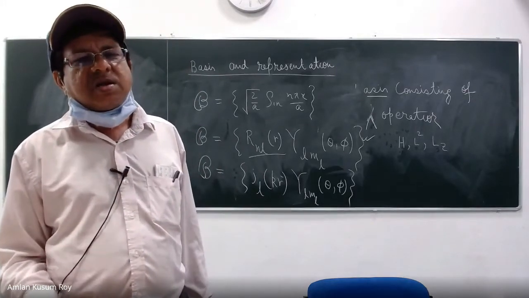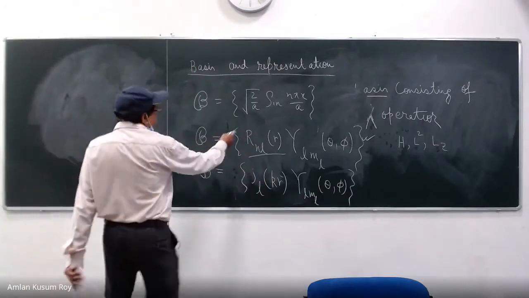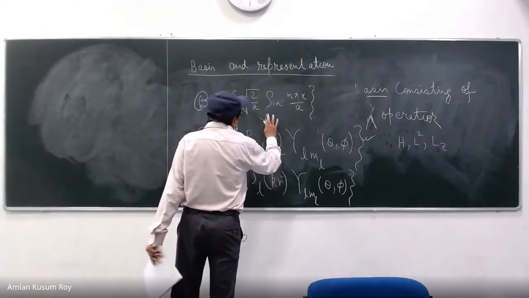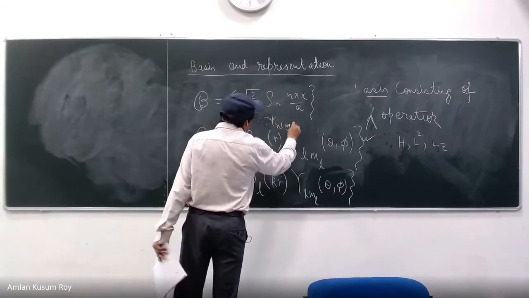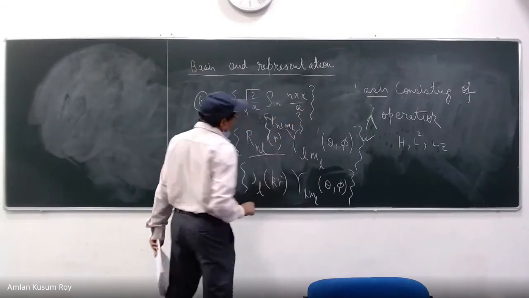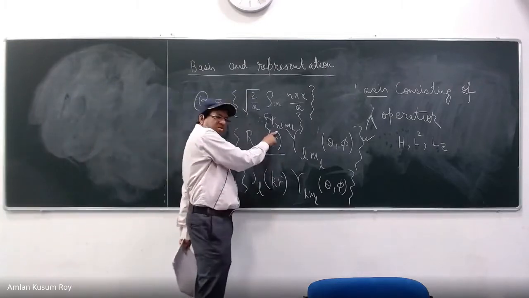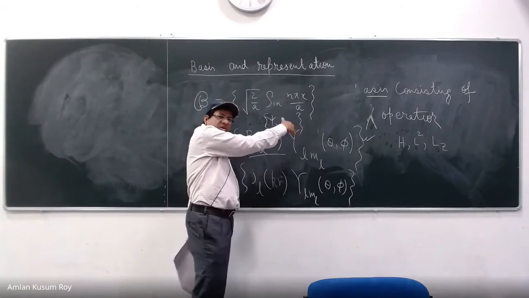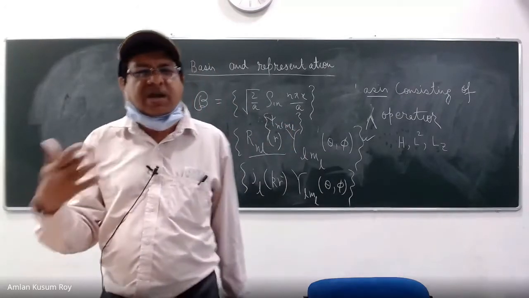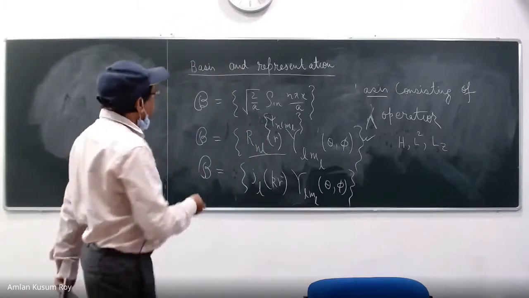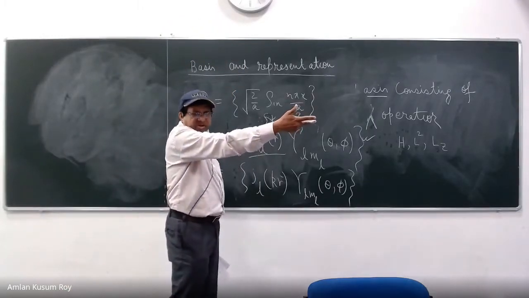Eigenvalues are simple. You know what will happen to H psi if you use this basis. Let us call this psi. So this basis I can write as psi n l m_l, as a function of r, theta, phi. You know that if you replace n, l, m_l, all these quantum numbers, basically you will generate 1s, 2s, 2p, 3s, 3p, that kind of states. So if you operate H on that, what will you get? You will get the eigenvalues of the orbitals.